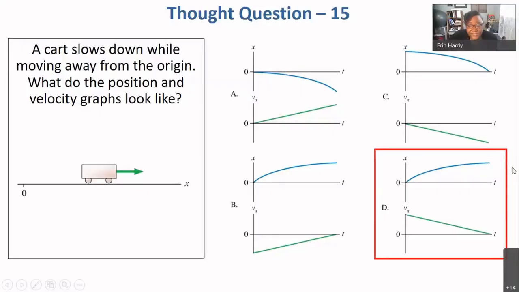So this is something that goes fast to slow. The slope value begins positive and gets closer and closer to 0, just like the velocity values do. So D is the one that makes sense. Another way to state that is that the derivative of this position graph for A is not the velocity graph that's matched up with it.